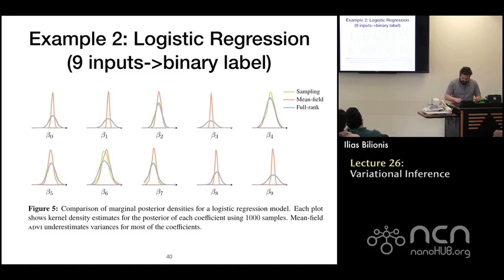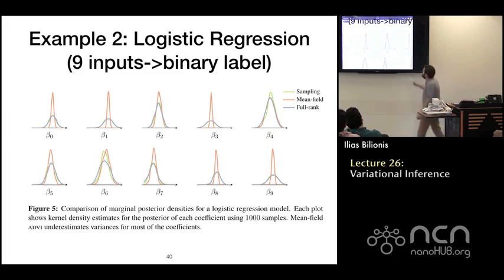The green curves correspond to a Markov chain Monte Carlo estimate of the posterior. This blue thing must be the full rank approximation, the variational inference approximation of the posterior. And this thing right here should be the mean field. So you see that the mean field underestimates a little bit the uncertainty.